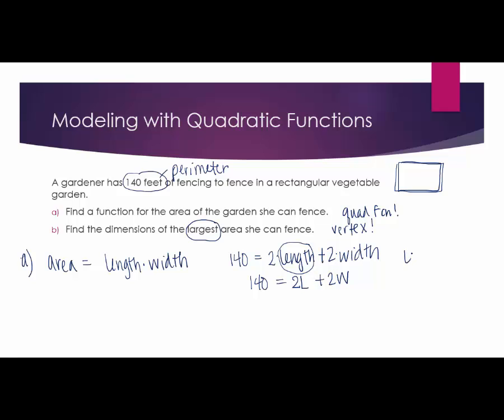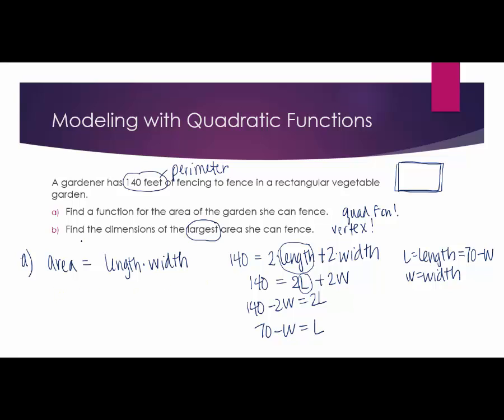If L is length, and W is width. If I solve this for L, it's 140 minus 2W, and then divide by 2, so that would be 70 minus W equals L. All right. That way I can express length in terms of width. So if W is width, 70 minus W is my length.